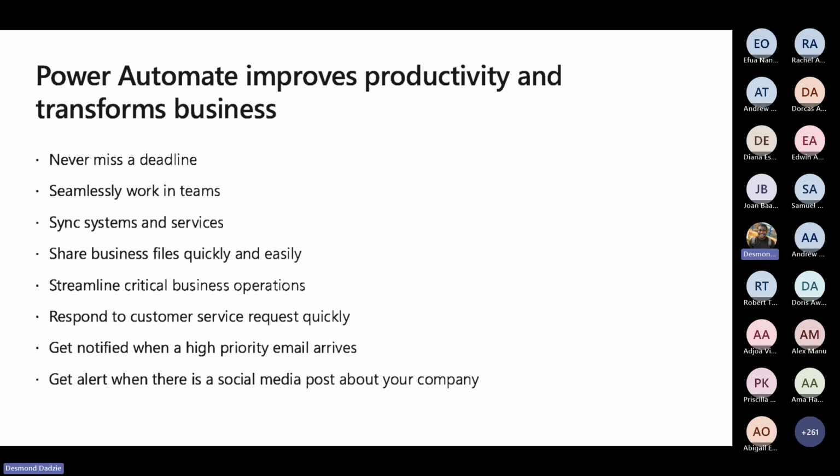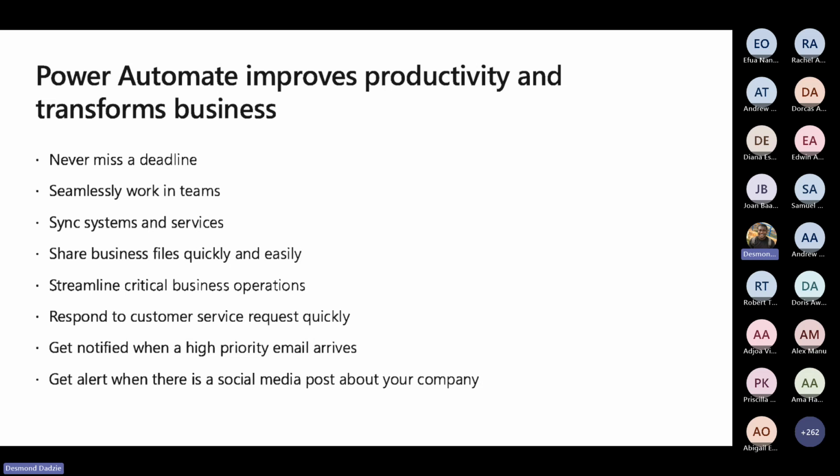The next on our list is getting an alert when there is a social media post about your company. So you can set a workflow which helps you know when your company posts something on social media. You can get that alert quickly to like, follow, or even subscribe, especially in the case of LinkedIn.